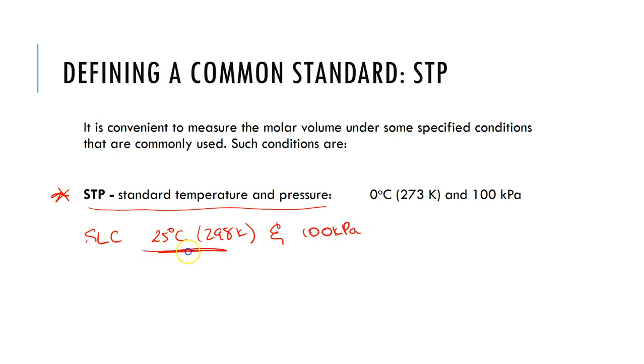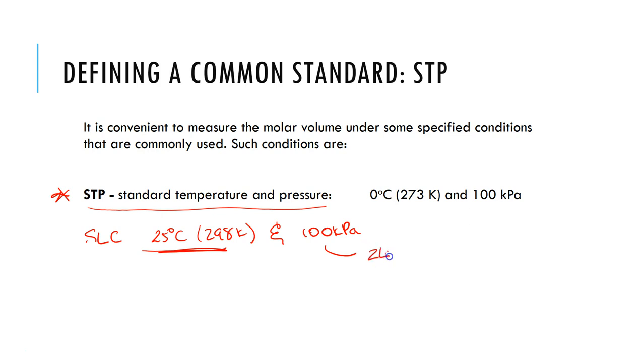This is just a temperature, standard laboratory conditions, that us as human beings can live under, because otherwise if we had to do all our experiments at 0 degrees C, people would be pretty unhappy. So there is a value for this. It's not used very much in the IB. When it is, it's given to you in the question.